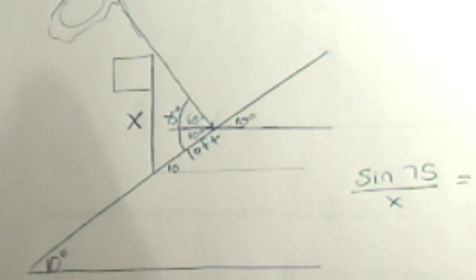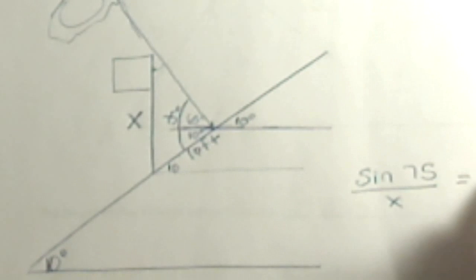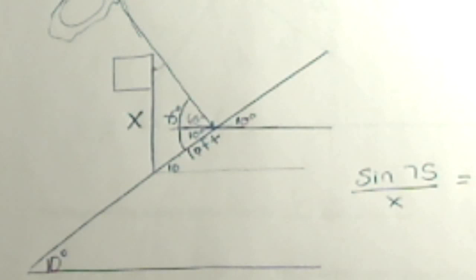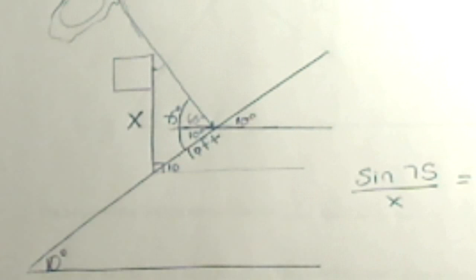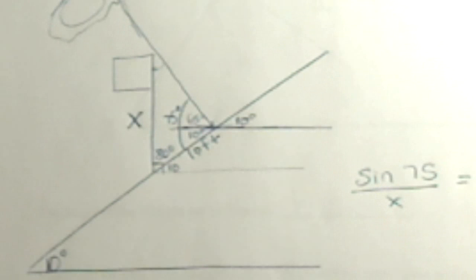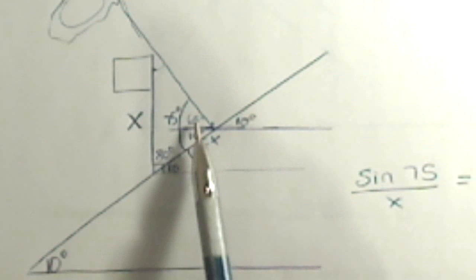Now, I know the 10. I need this angle up here so that I can finish sine of that angle over 10. Well, let's see. This is a 90-degree angle between the horizontal and the vertical flagpole, which means the angle in the triangle is 80. So I have an 80-degree angle and a 75-degree angle with my 65 and 10 together.